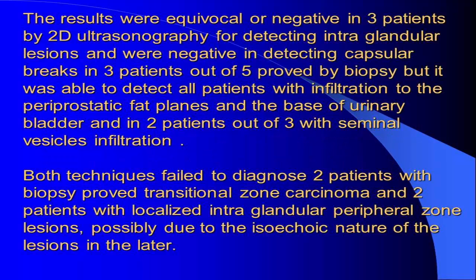While two-dimensional ultrasonography was able to detect 2 out of 2 patients with bladder wall infiltration, 3 out of 3 patients with periprostatic fat plane infiltration, 2 out of 3 patients with seminal vesicle infiltration, and 2 out of 5 patients with capsular breaks.